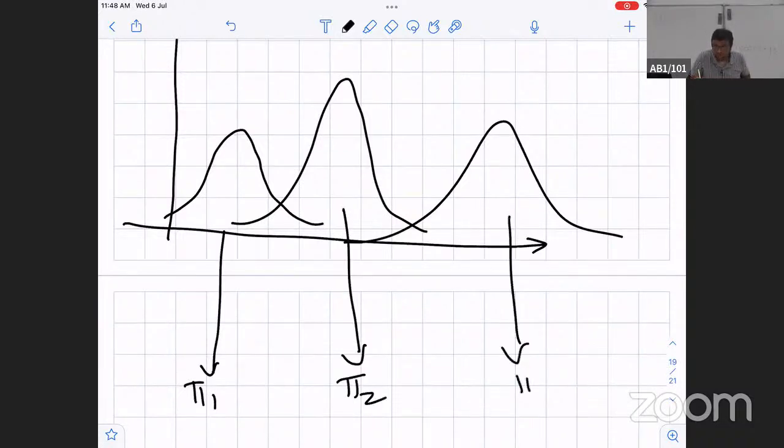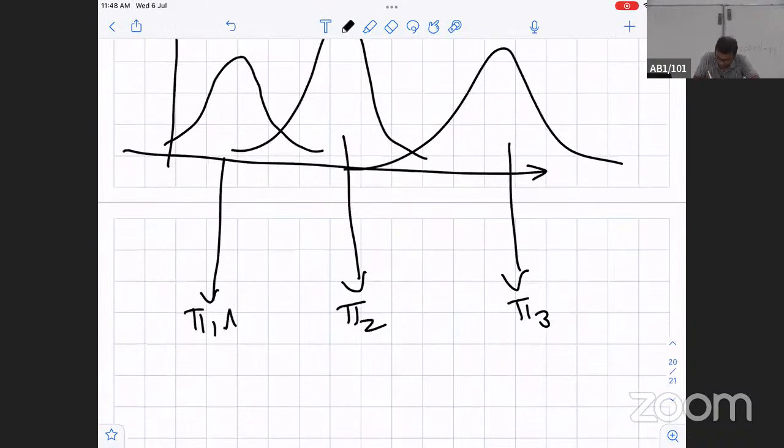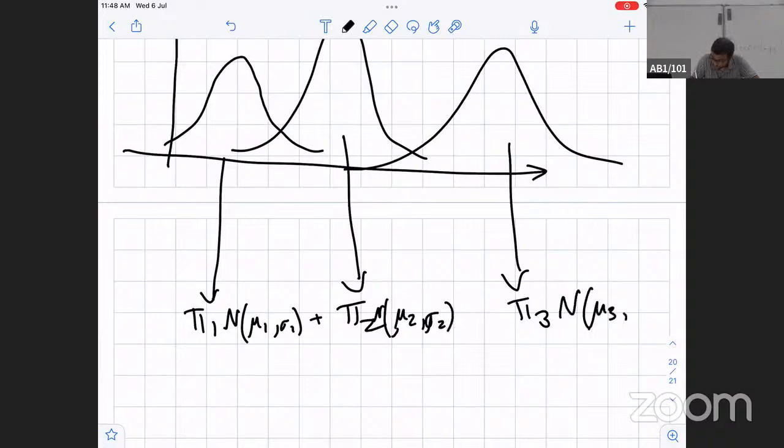And you have a normal distribution with mean mu1 and sigma 1 for the first, plus a normal with mean mu2 and sigma 2 for the second, and another normal with mu3 and sigma 3.